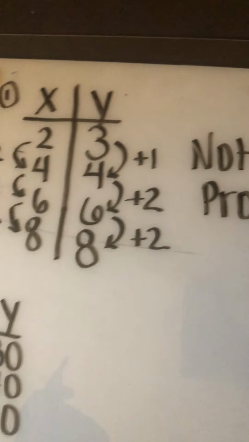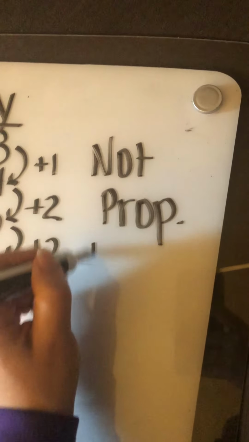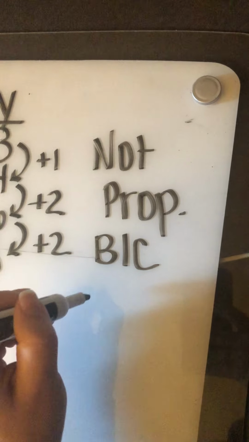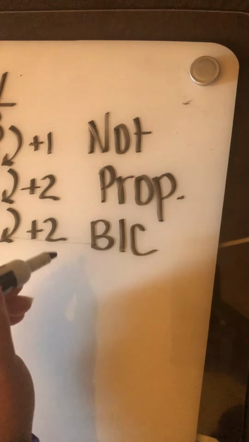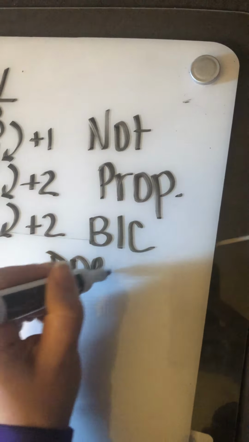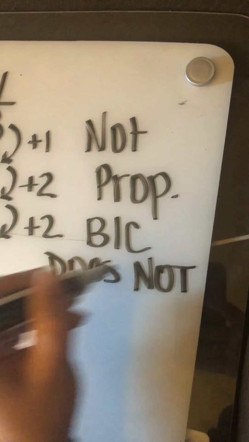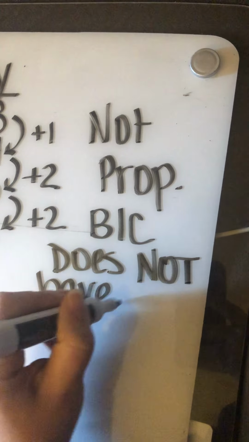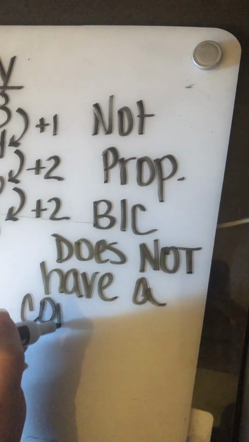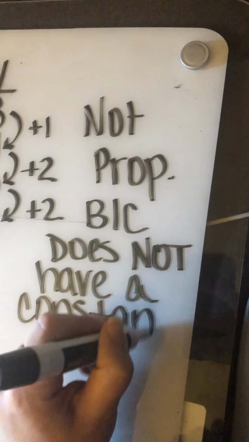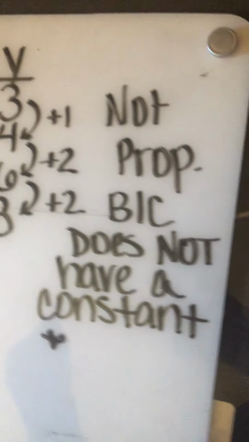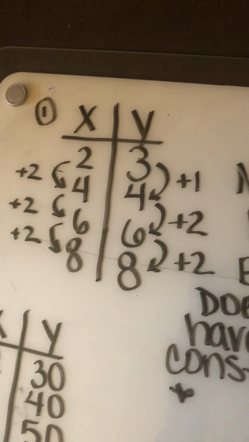And why is it not proportional? It's not proportional because it does not have a constant, and the table would not include 0, 0.